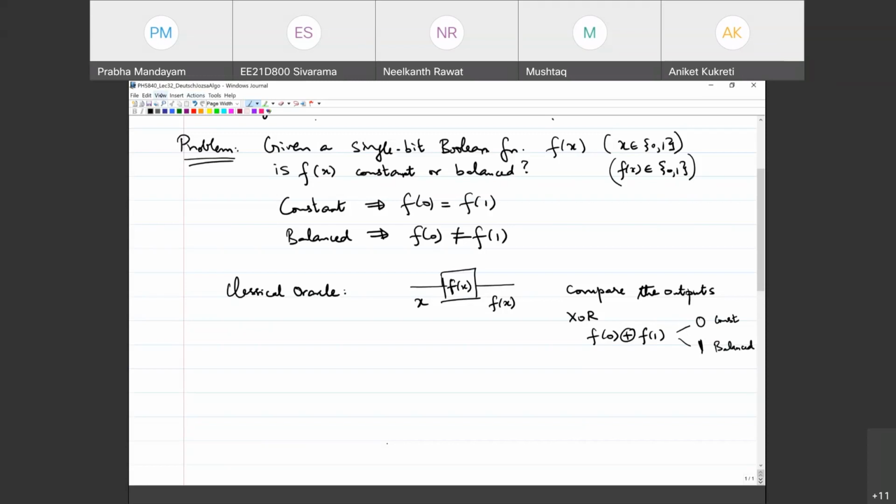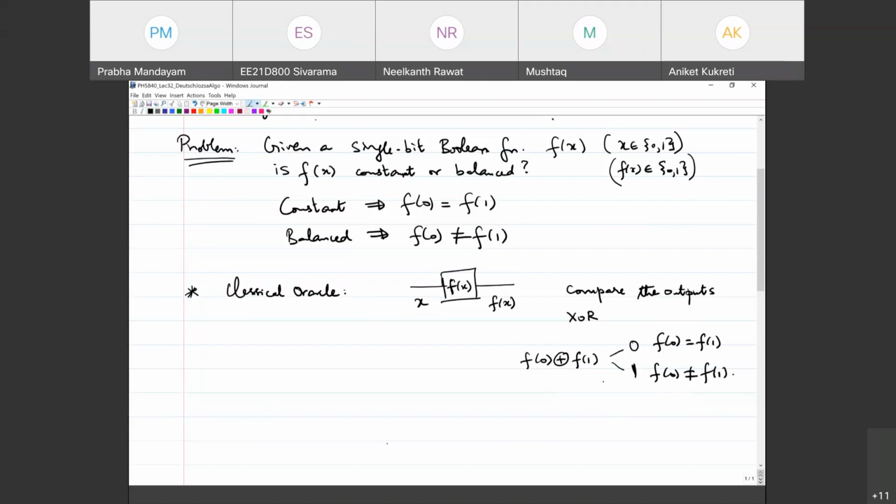Okay, so yeah, this is what I wanted. Just give me a second. Yeah, so it's 0 only when f of 0 is equal to f of 1, and it is 1 when f of 0 is not equal to f of 1, right? And this is how classically you can tell whether the function is constant or balanced.